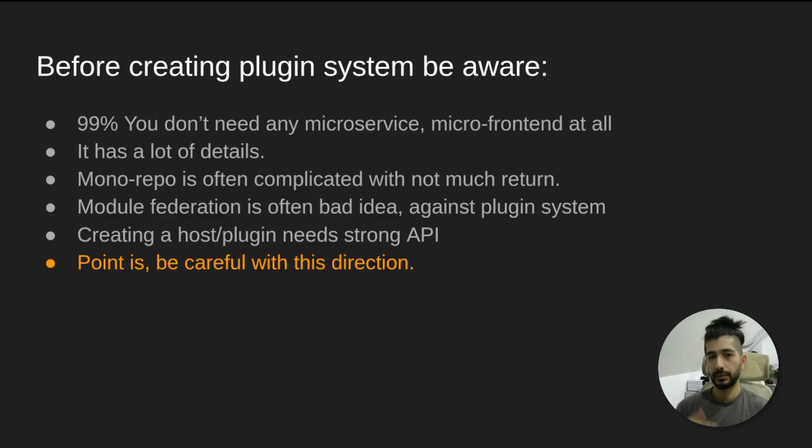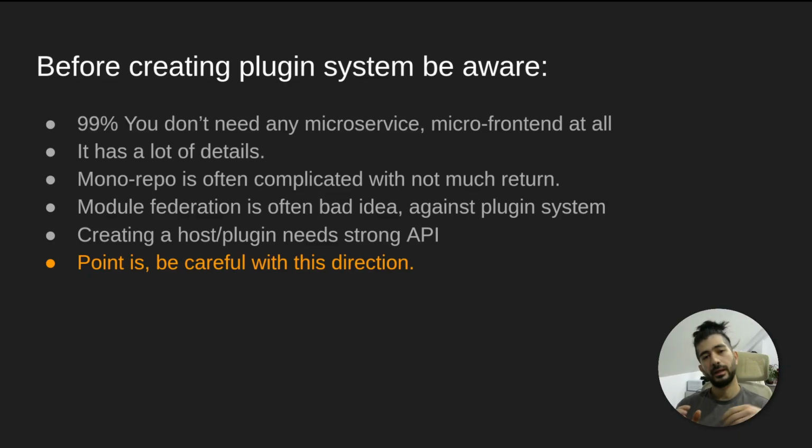So you want that plugin system to be written by other people you don't know. Creating a host plugin needs a strong API. As I mentioned, you have to keep the contract very healthy and versioned correctly, and it's a real hassle to say, okay, my host app version 2.5.1, for example, has these APIs, and then one version bump added these things, or this signature has been changed.